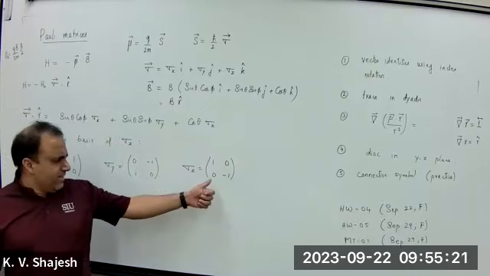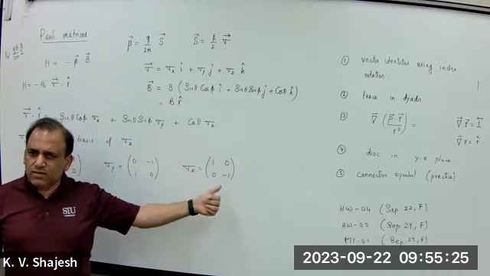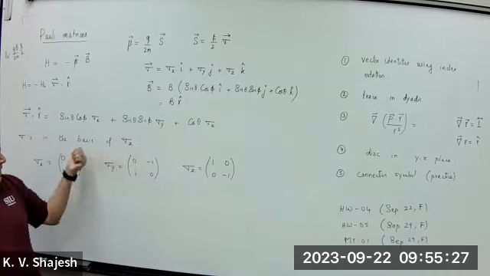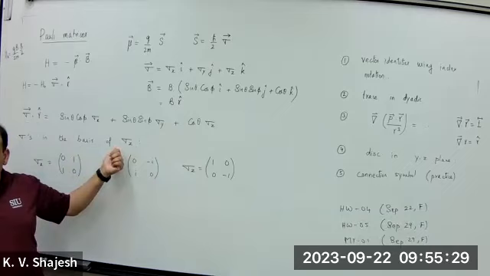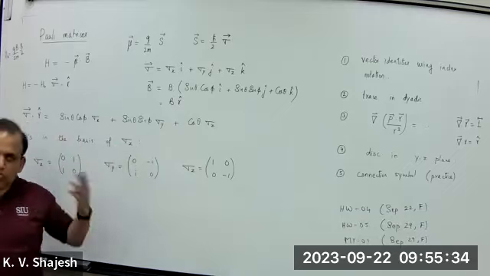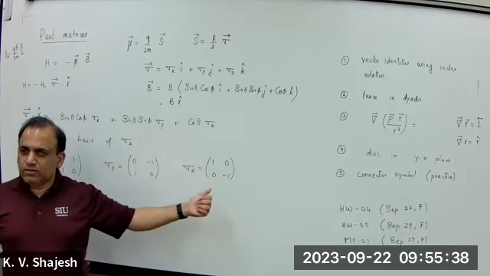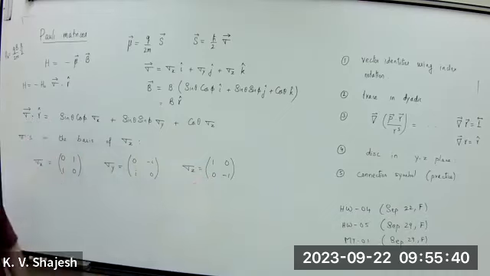Notice that sigma z is diagonal. That's because it's in the basis of sigma z. Whenever I write the matrix in its own basis, it will come out diagonal. I'll illustrate that more.